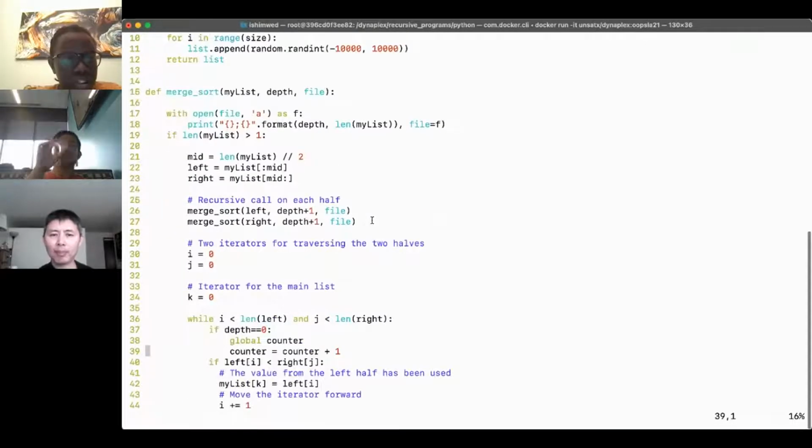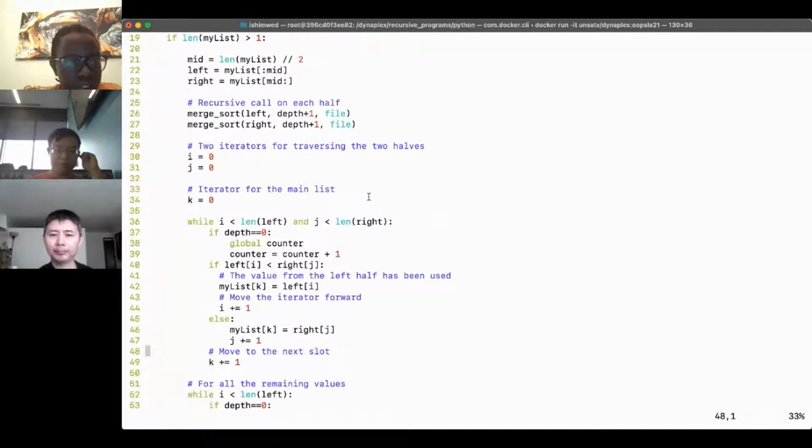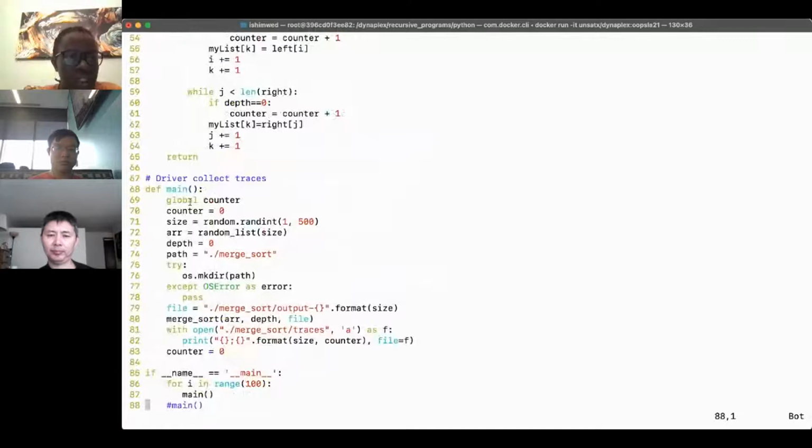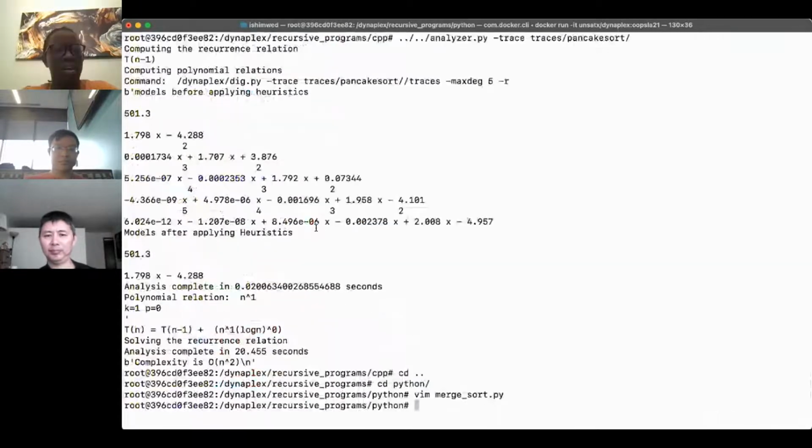And for each loop, line 36, there's a while loop, we collect the number of loop iterations or operations, and then we run this function a few hundred times to collect enough traces to run the analysis. I think that's all for the demo.